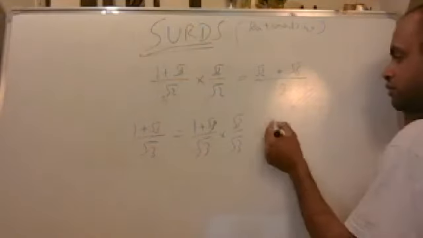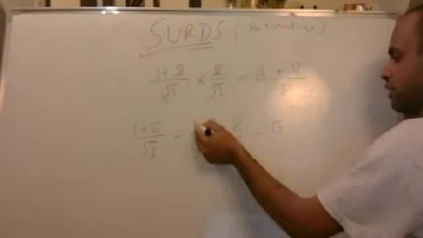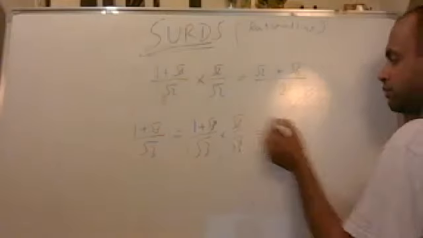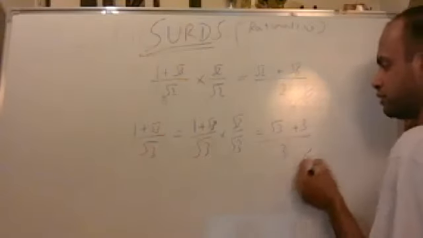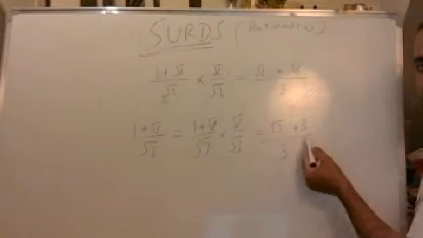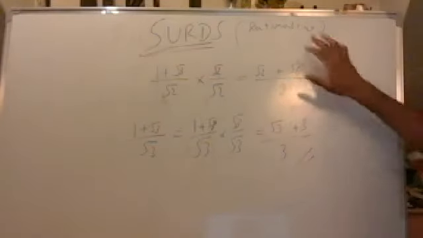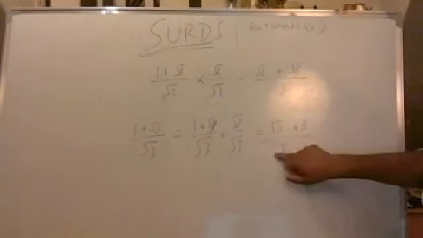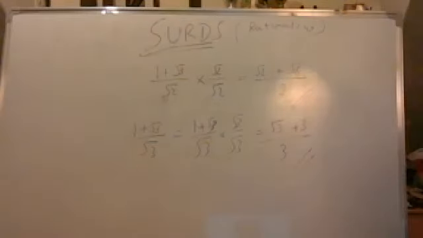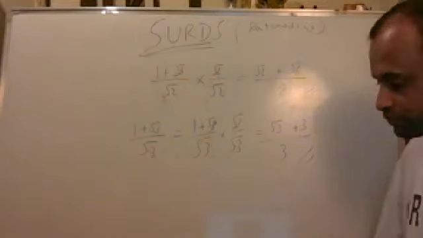So that's going to give me root 3 times 1 is root 3, root 3 times root 3 is 3, and then root 3 times root 3 at the bottom is also 3. So I got root 3 plus 3 all over 3. So in both cases you see I got rid of the square root at the denominator. So that's what we call rationalizing the surd.